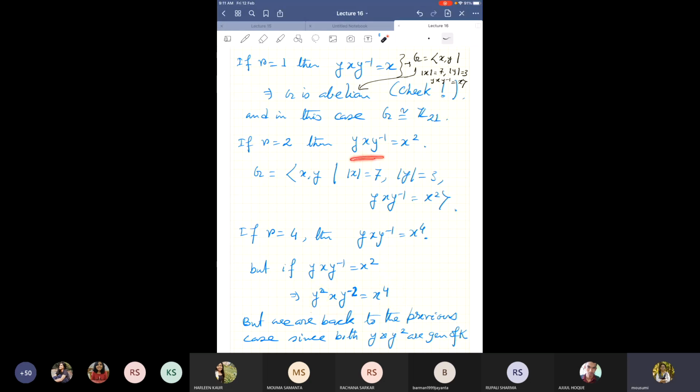This relation is nothing but an order 7 element related with an order 3 element, so you are getting the same relation here and here. These two equations are basically the same equations. So this case is not a special or different case. This is again the same case that is here. So now it's clear to everybody.